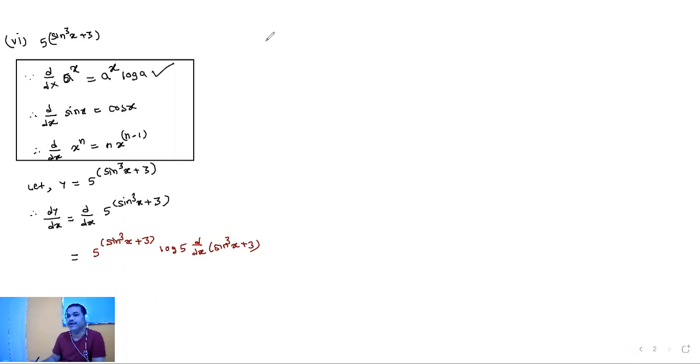So that will become 5 raised to sine cube of x plus 3, then log of 5, and we can take d by dx of sine cube of x plus d by dx of 3 here.